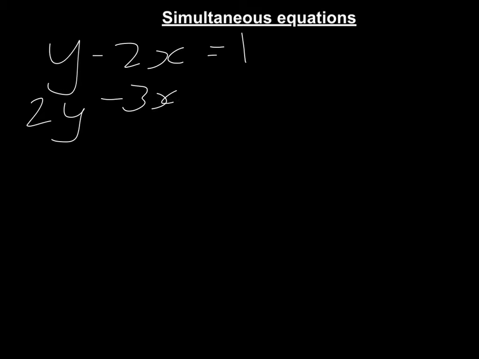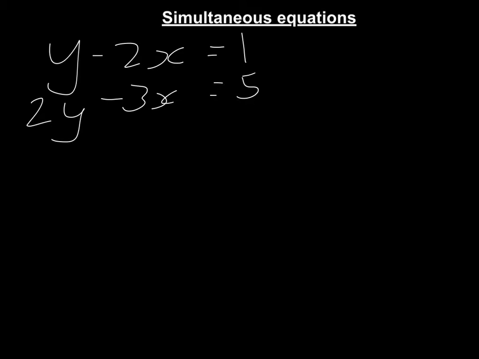Good. Okay, so the ones we've just done are the easiest simultaneous equations. Now we're going to move on to ones that are slightly more tricky, and we're going to use the equations y minus 2x is equal to 1 and 2y minus 3x is equal to 5.